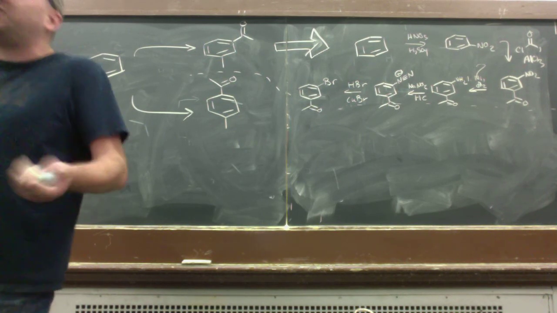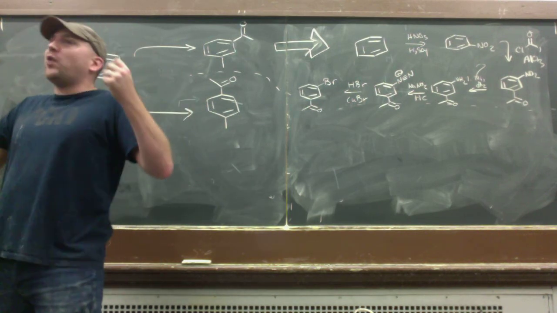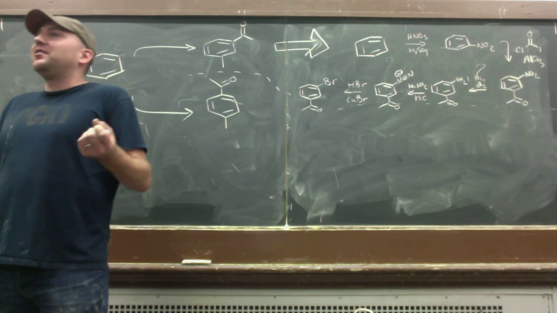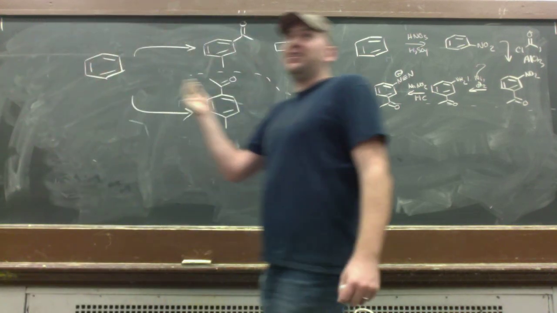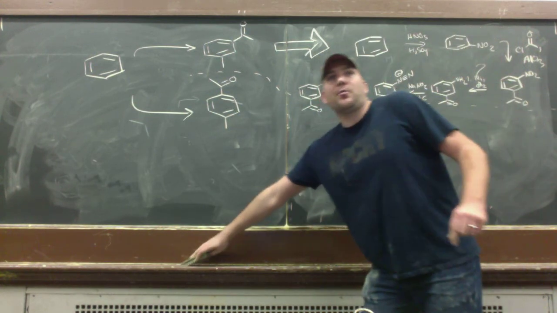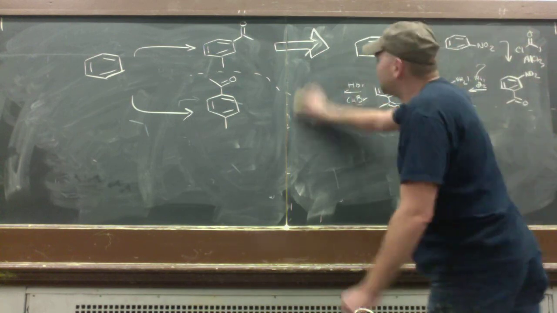But we can clearly see that that nitro group, I understand the thought process. It was, I want a meta director. But the bottom line is, you may already have a meta director in here. I like the thought process, but let's start over.